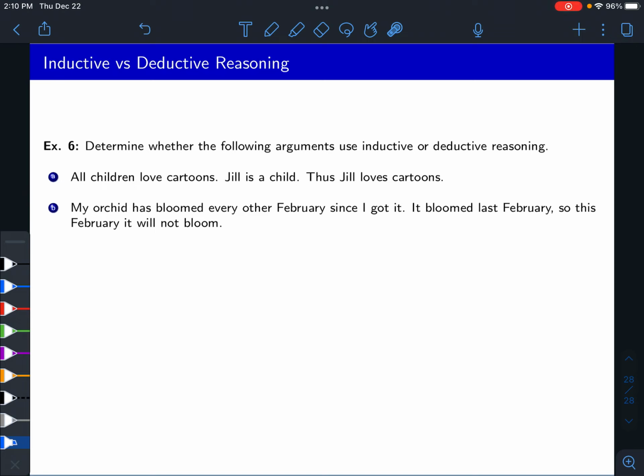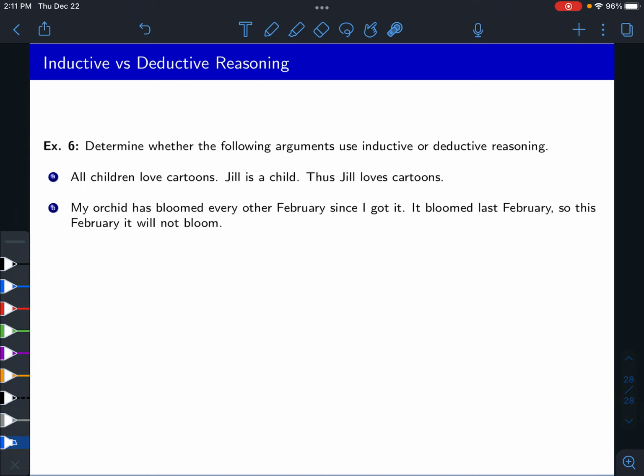Here, we are not being told any assumptions that we are supposed to make about the orchid. We're just given some information about what's happened in the past. We're given some examples of, so far in the lifespan of the orchid, it's bloomed every other February.